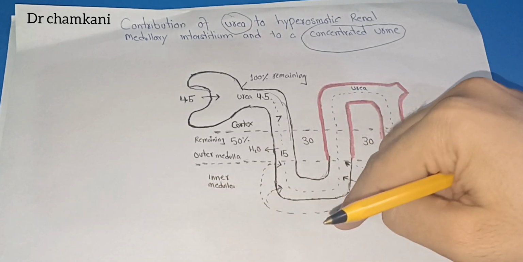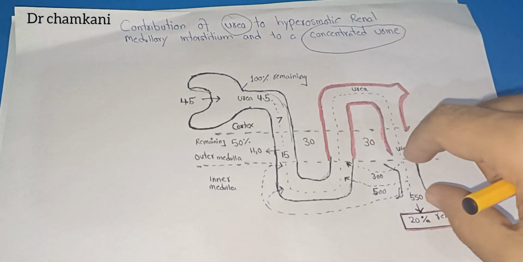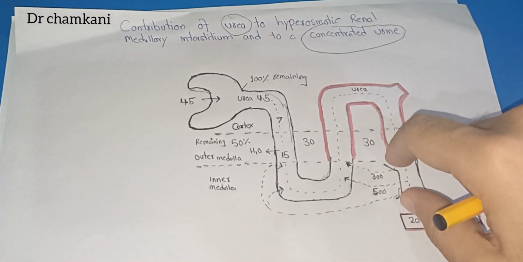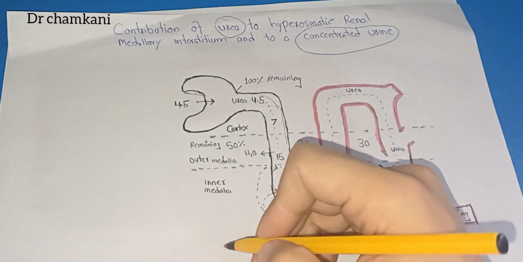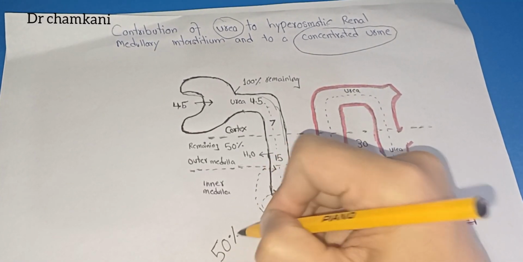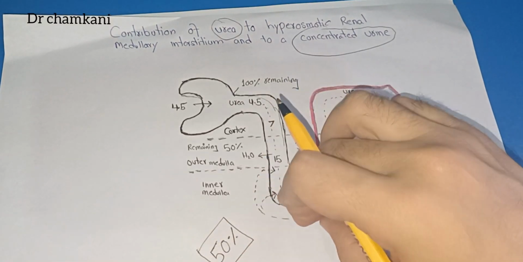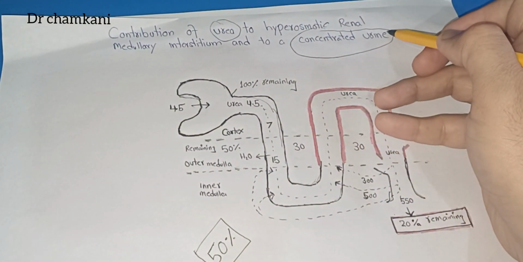the medulla hyperosmotic. But when it comes to reabsorption of urea from the inner medullary collecting ducts, urea can play a very big role, and it can contribute up to 50% in keeping the inner medulla hyperosmotic, especially when extremely concentrated urine is being formed.